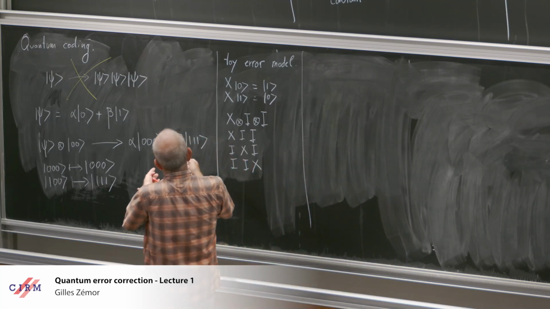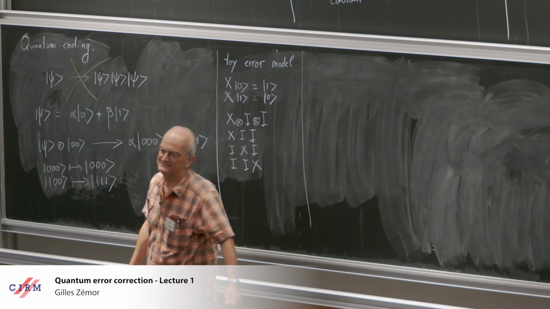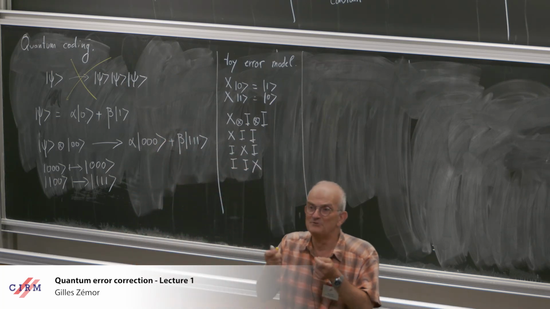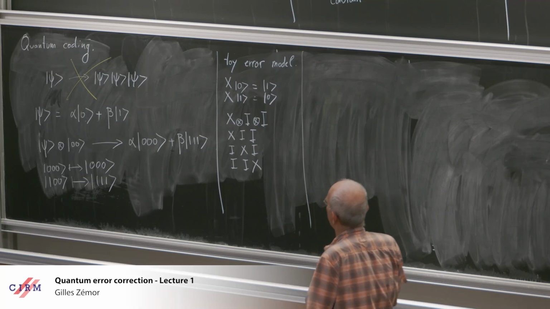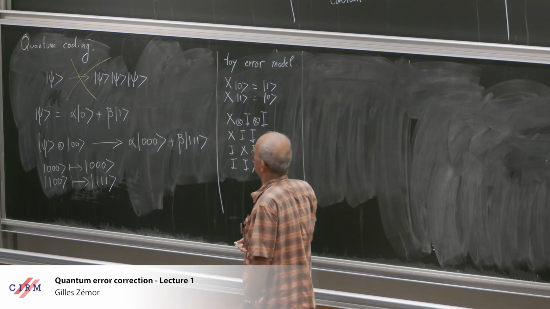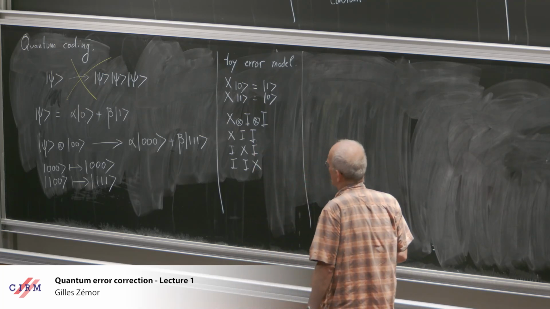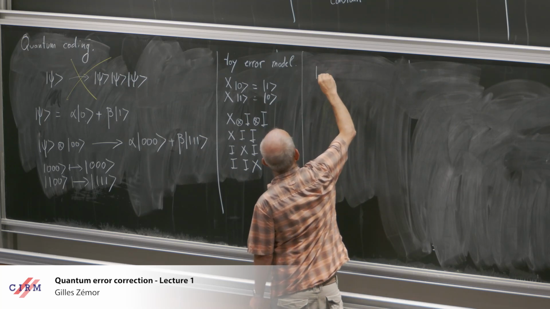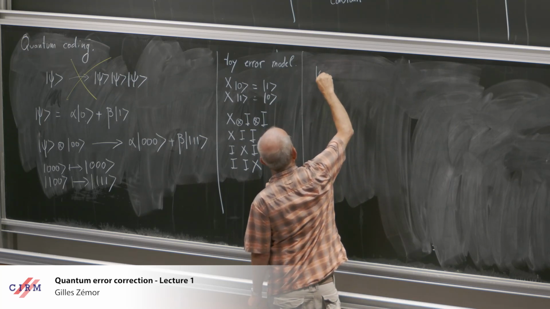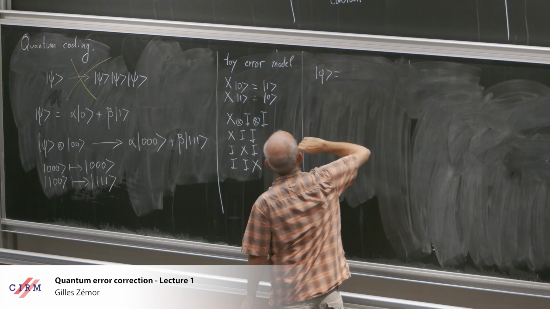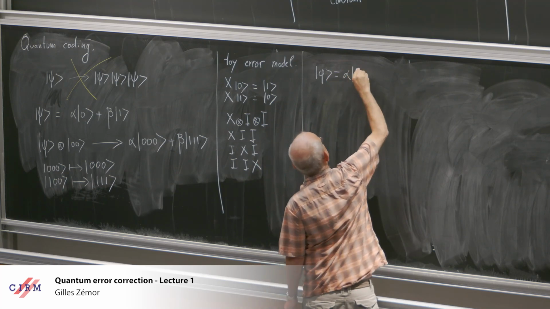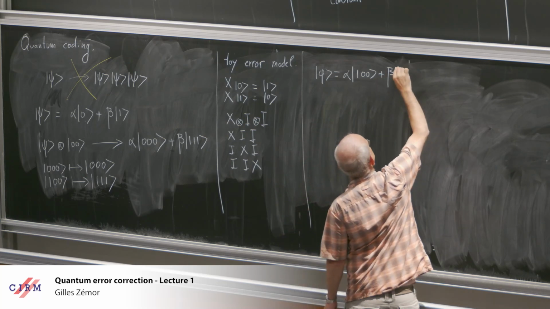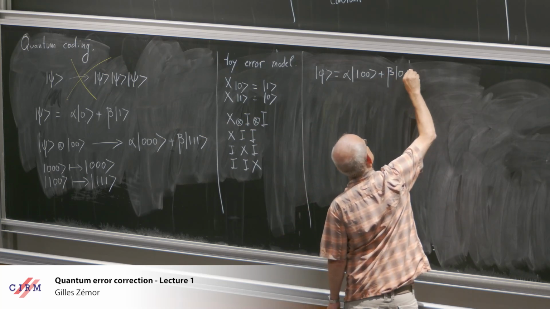Okay, so in the classical setting, we could actually look at the state. We had a received vector. Here, we have a quantum state. It's been corrupted. So instead of psi, we may get maybe alpha |100> plus beta |011>.